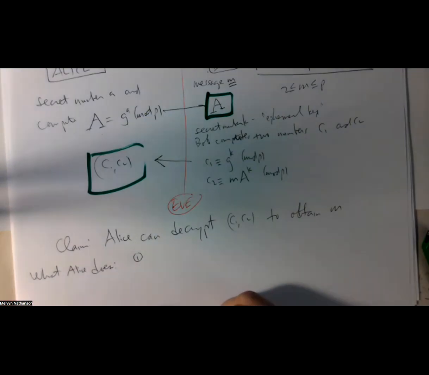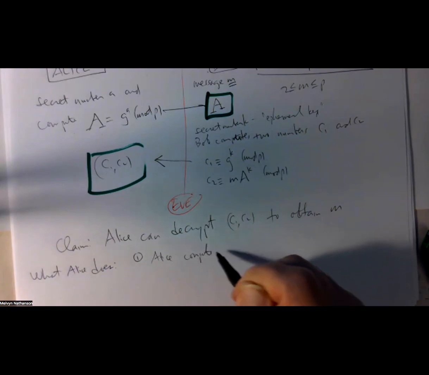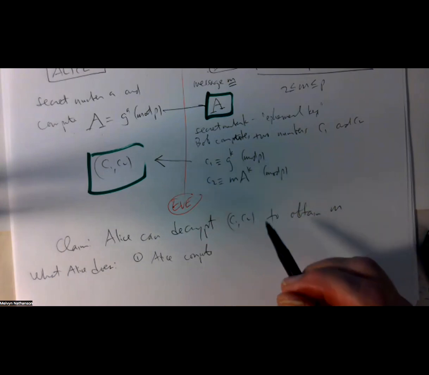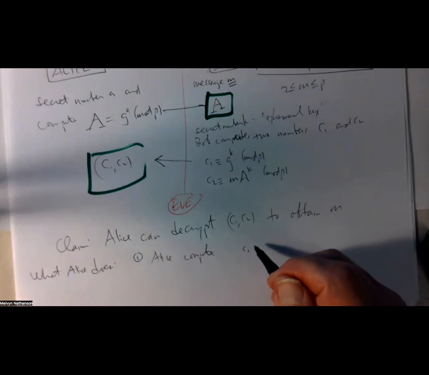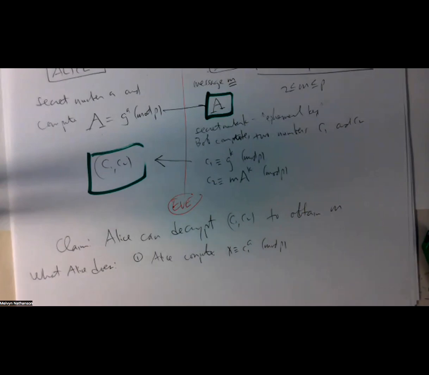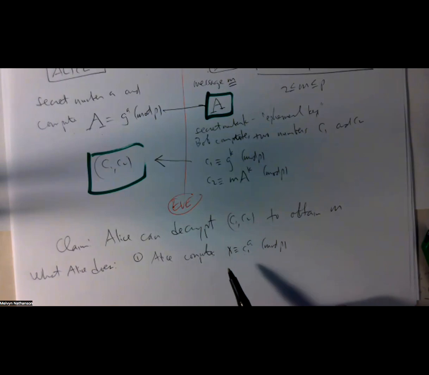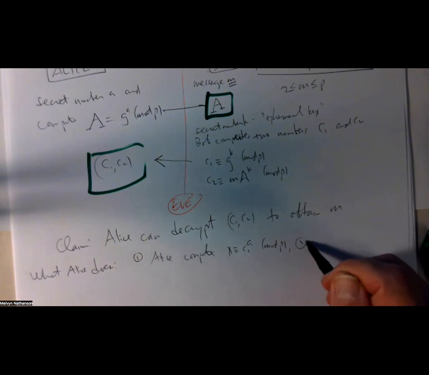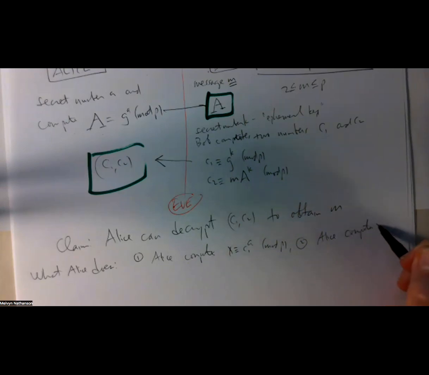First, she computes C1, that's the first number she got from Bob, C1 raised to the power a mod P, and we call that X. So only Alice knows her secret number, little a. She takes C1 to the power a and calls that X. Second, Alice computes X inverse.